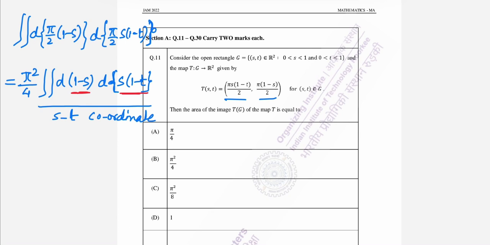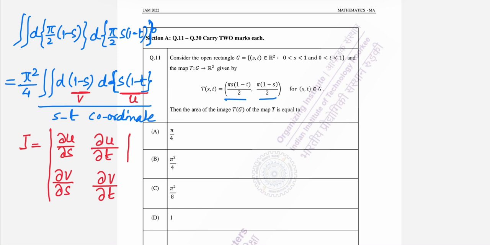For that, I assume this to be u and this to be v, and you know the Jacobian then will be J equals the determinant of del u by del s, del u by del t, and del v by del s, del v by del t. Okay, so let us calculate.